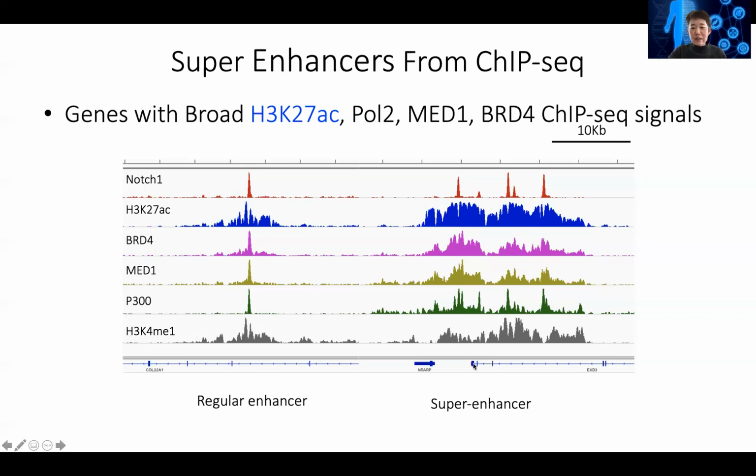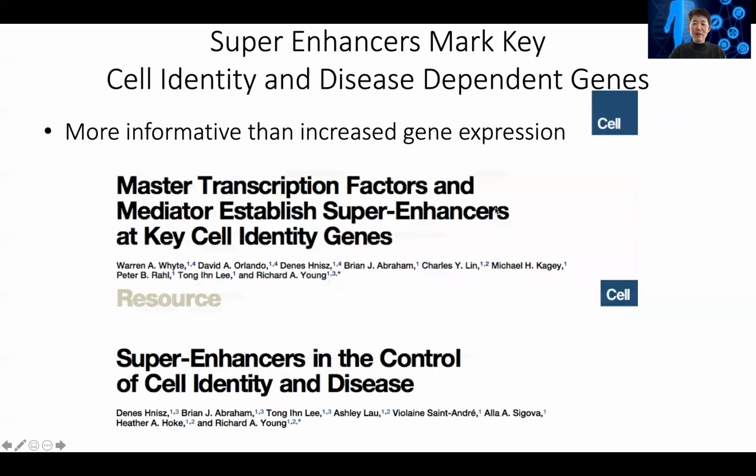Interestingly, a lot of these super enhancers actually overlap with the beginning of a gene. And the genes that are near these super enhancers tend to have very, very important functions.